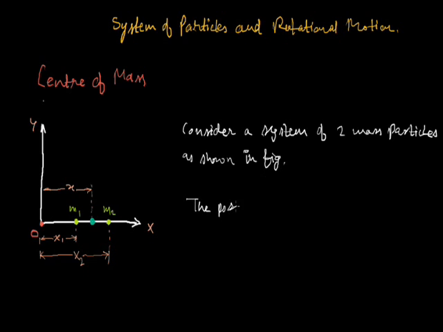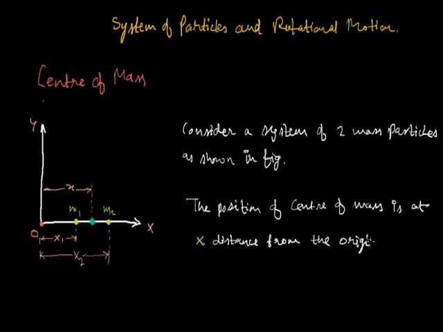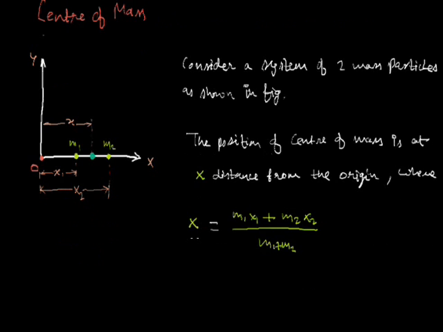The position of the center of mass is at distance x from the origin, where x equals m1 x1 plus m2 x2 divided by m1 plus m2, where the masses of the two particles are different. So x represents the position of the center of mass for the system of particles.